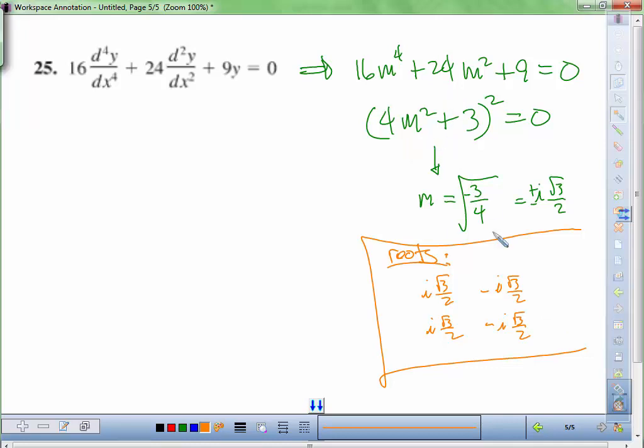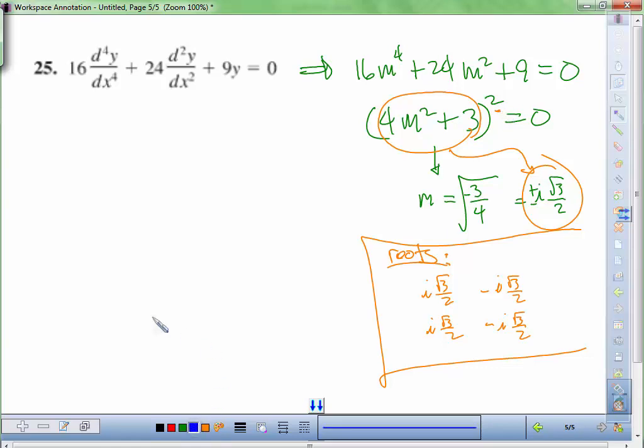So the 2 roots that we found came from in here, right? But then there's multiplicity of 2, so each of them is happening twice.